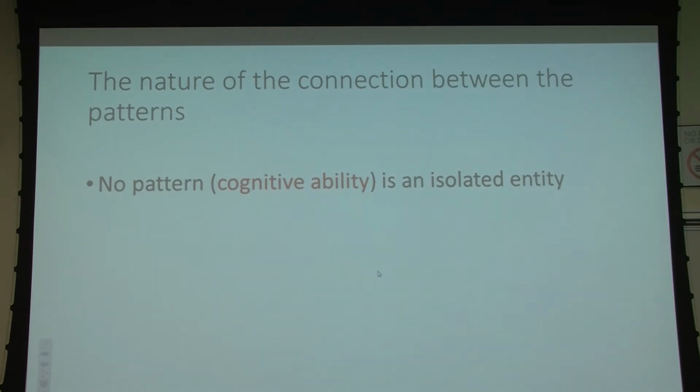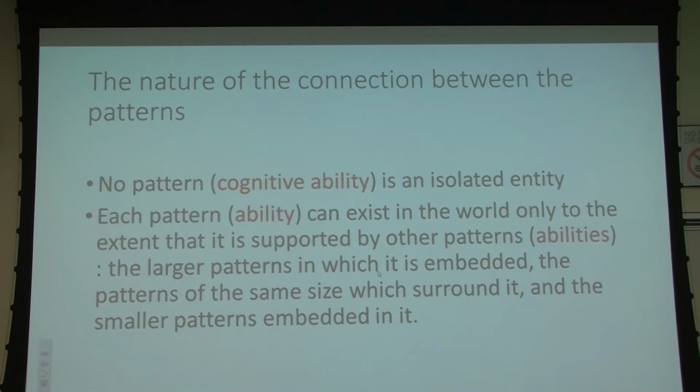So there talks about the connection, but how all these patterns, and how we've talked about that over and over again. You can't just pull any one thing out. They're all interconnected, okay? No pattern is an isolated entity, and so I put in here no cognitive ability, right? Processing speed is connected to working memory, connected to fluid reasoning. You can't take one without them being connected to the others, okay? Each ability can exist in the world only to the extent that it's supported by the other abilities.